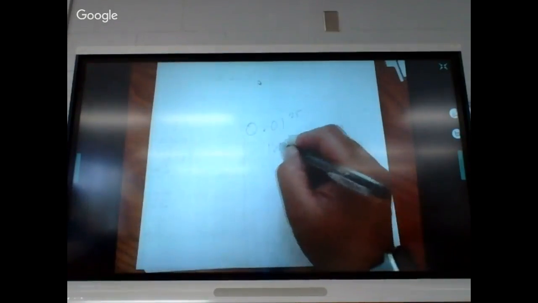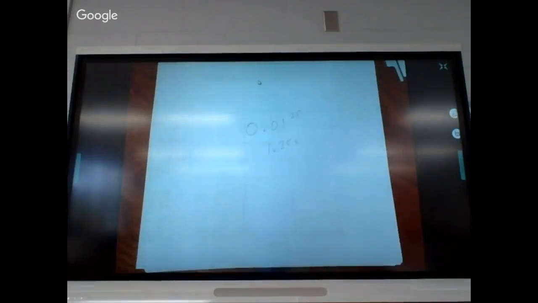Just write it as 1.25 seconds. Okay? Don't write anything really weird like this. Just write it down that way. Now, then calculate your speed. Try to get at least all of your data today. Any questions about that?